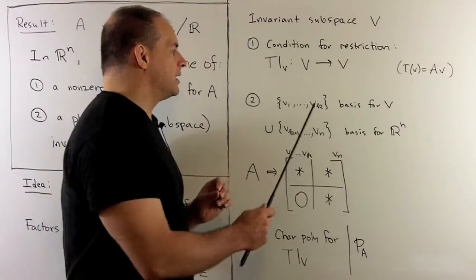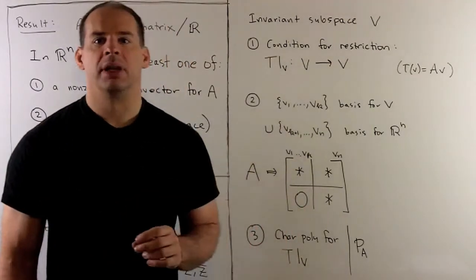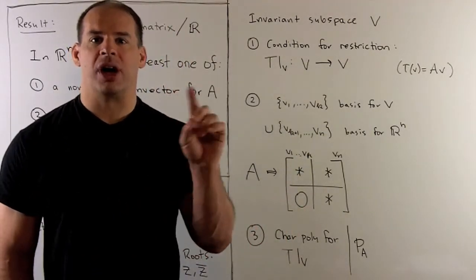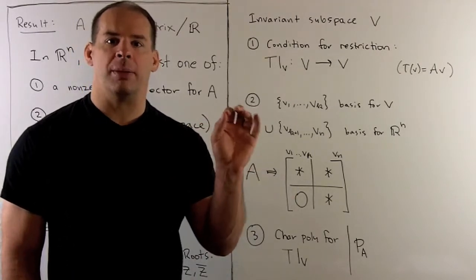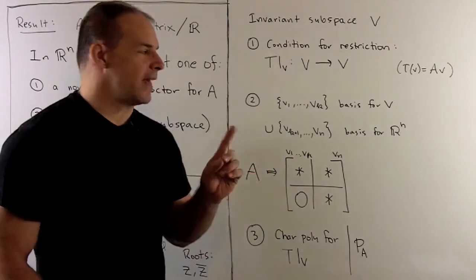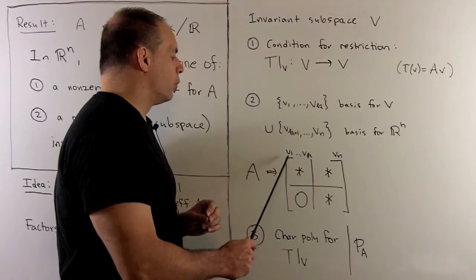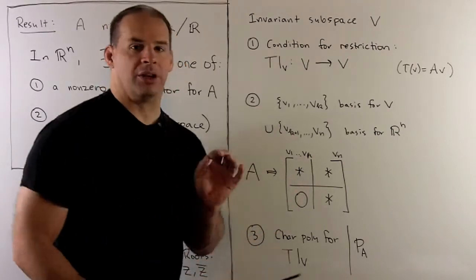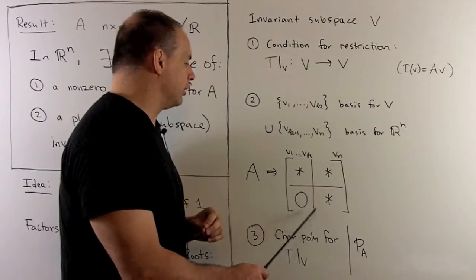So, if I take one from our invariant subspace, say v1, v1 will be sent to a linear combination of v1 through vk. All the coefficients for vk+1 through vn are going to be 0. That means in this block here, we'll have whatever comes out from the linear combinations, but we're guaranteed to have a block of zeros directly below.